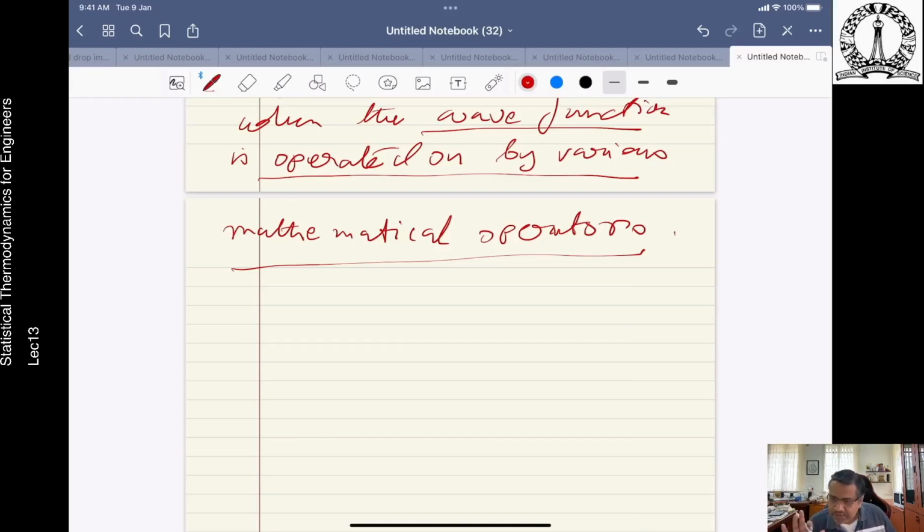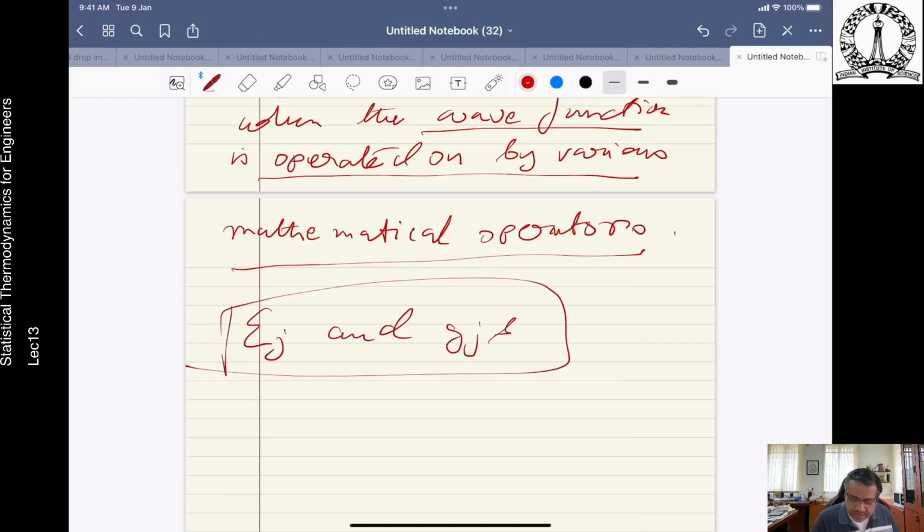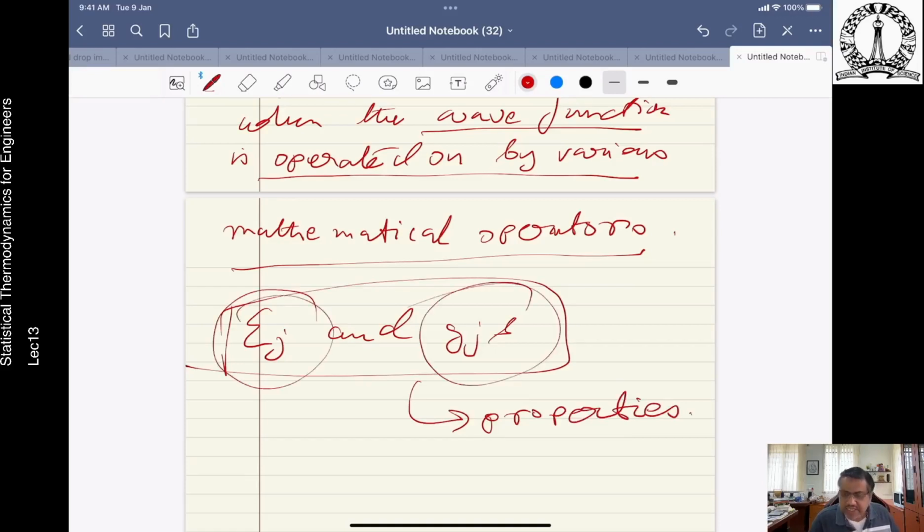There was a historical perspective of how quantum mechanics evolved, because one had to identify those EJs and GJs, if you remember, for calculating properties. That was the first thing that we did. To get these EJs and GJs, we followed this very elaborate understanding of quantum mechanics, because this can only come from quantum mechanics, this we have said again and again.